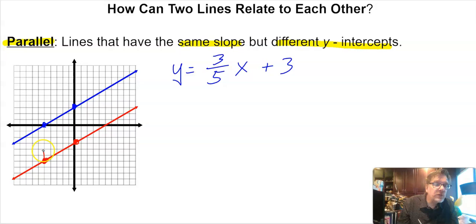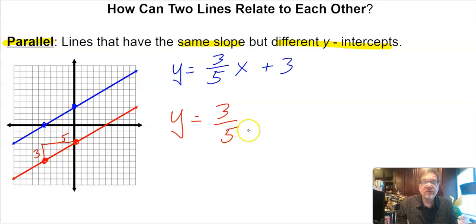But in red, notice I still have 1, 2, 3. We still rise 3 and we run 1, 2, 3, 4, 5. So the equation is y equals 3/5 x, rise 3, run 5, minus 3.